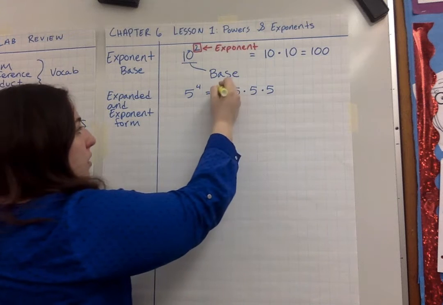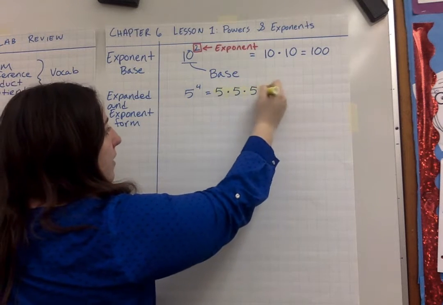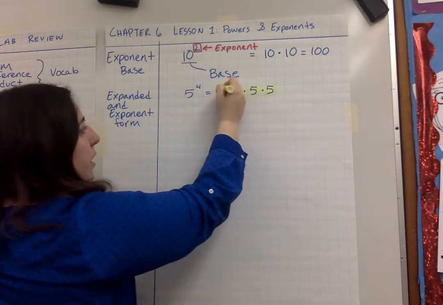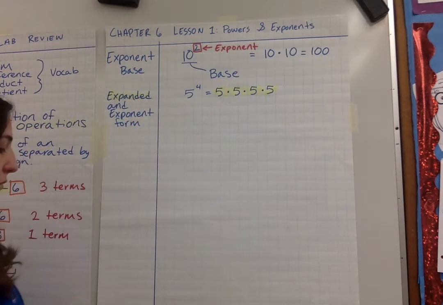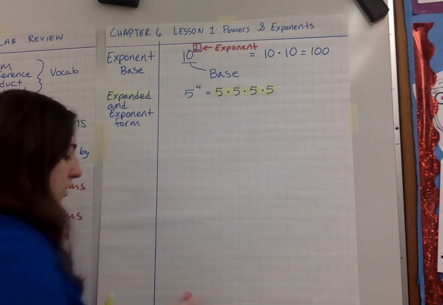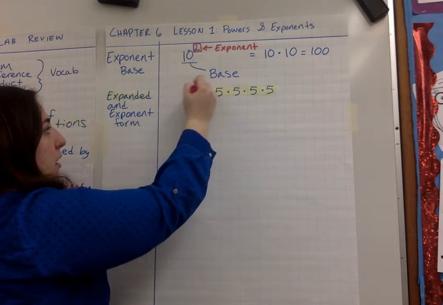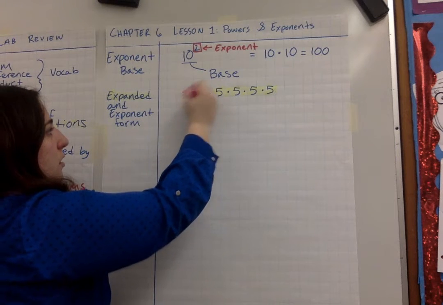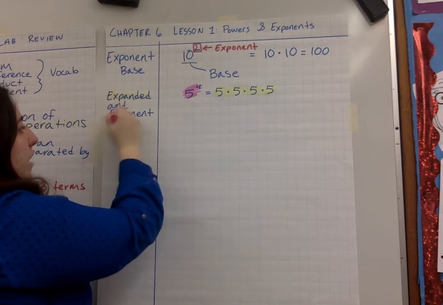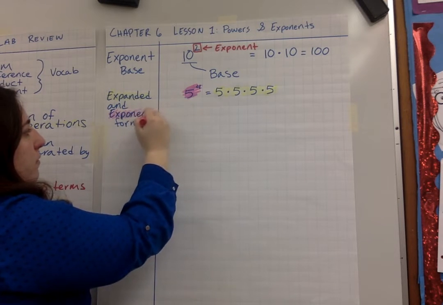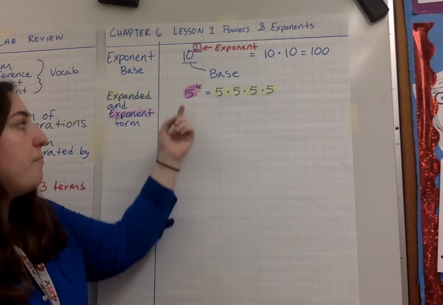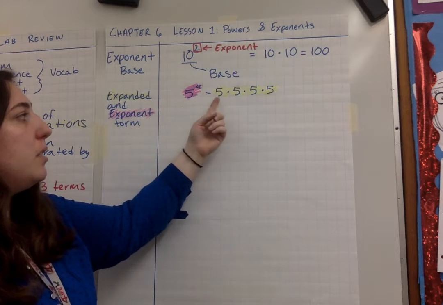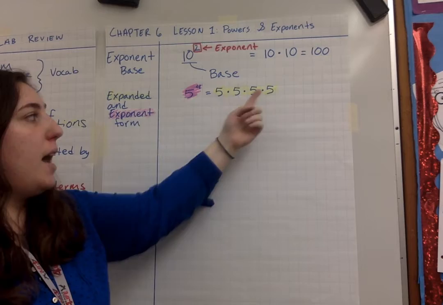I'm going to highlight this in yellow so we know it's our expanded form, and I'll highlight this in pink so we know it's our exponent form. Okay, so 5 to the 4th power means 5 times 5 times 5 times 5.